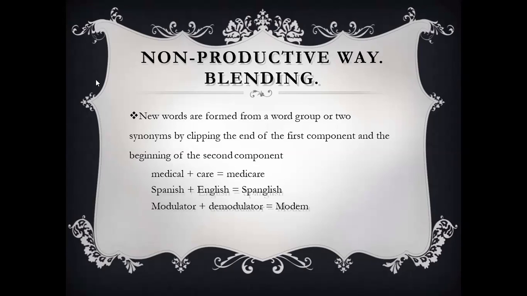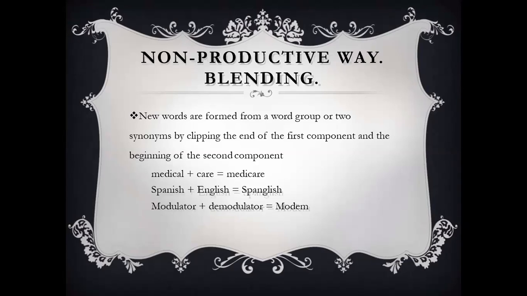The meaning is somehow conveyed here, but this is about word formation, of course. So new words are formed from a word group or two synonyms by clipping, just cutting, the end of the first component and the beginning of the second component.